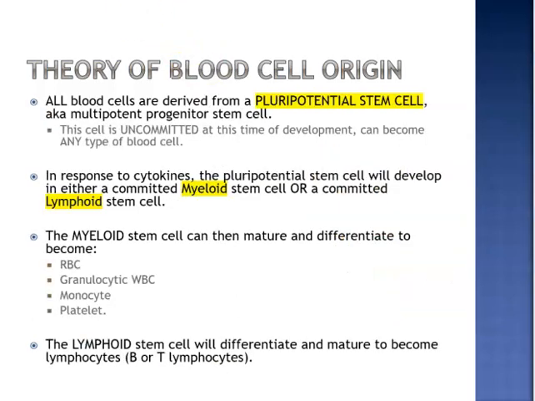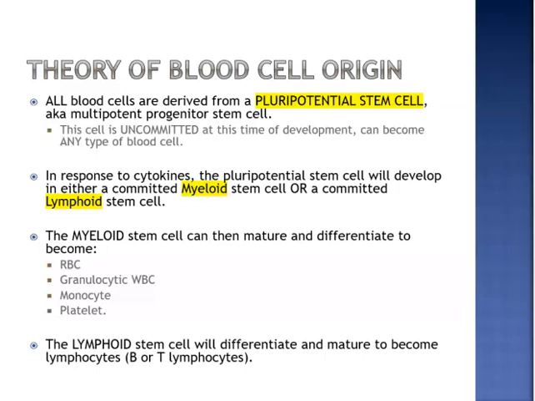In the theory of blood cell origin, all blood cells, whether it's your red blood cells, white blood cells, or your platelets, are derived from the pluripotent stem cell. In some texts, you'll hear it referred to as the multipotent progenitor stem cell.